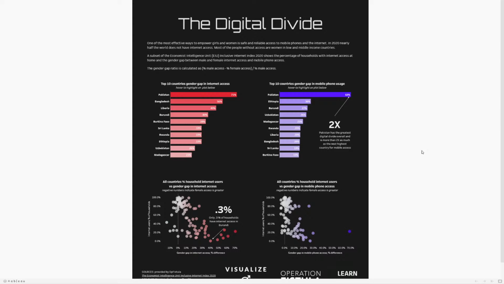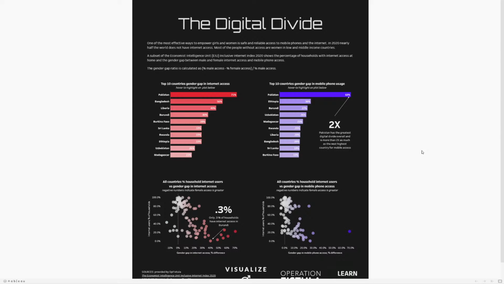So maybe they have the greatest digital divide, or maybe the biggest. To me, great always sounds positive, which is also something when I hear about the Great War, where I think there's nothing great about it. But that aside, maybe Pakistan has the biggest digital divide overall and is more than twice as likely. No, twice.